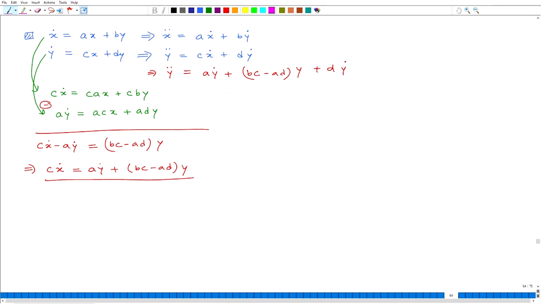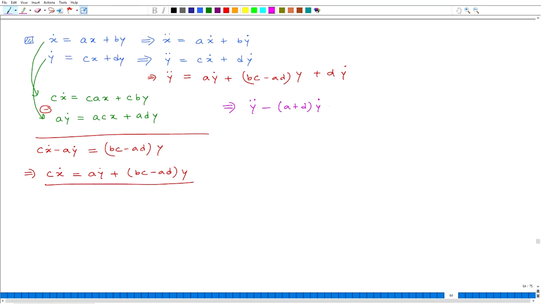And finally, for y the resulting equation is y double dot minus (a plus d) y dot plus (ad minus bc) y is equal to 0.